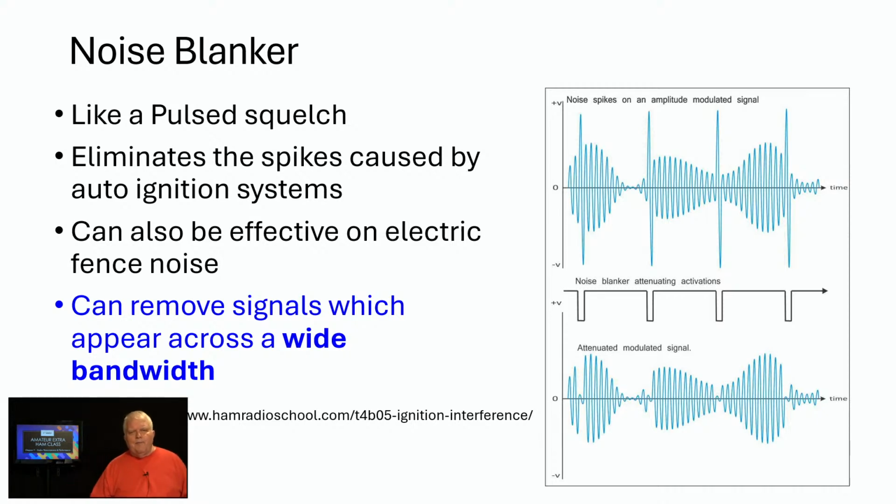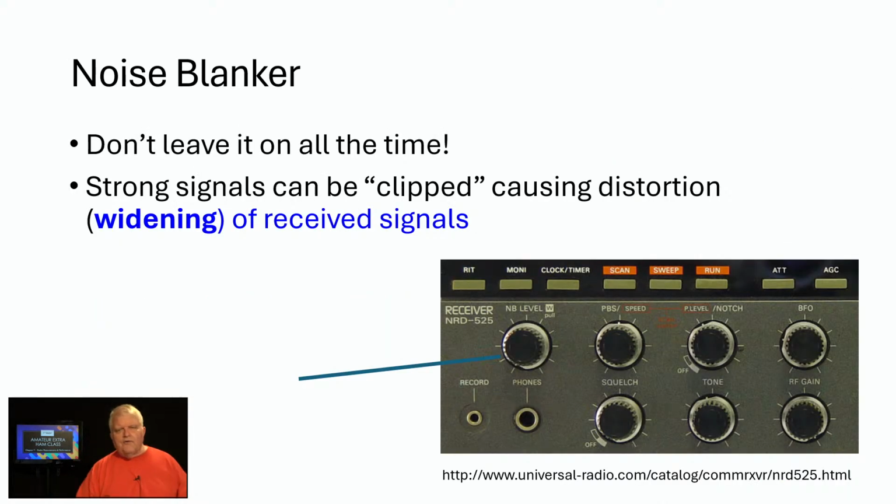It's kind of like a pulse squelch system, but you don't want to have it on all the time, because it removes signals that have a wide bandwidth. That's a good thing, but it can also cause distortion and the widening of received signals. It can make FT8 signals, for example, look like they're being over-deviated when they're not, because the noise blanker's been left on. So just be aware of that.